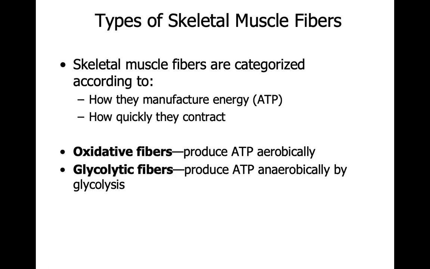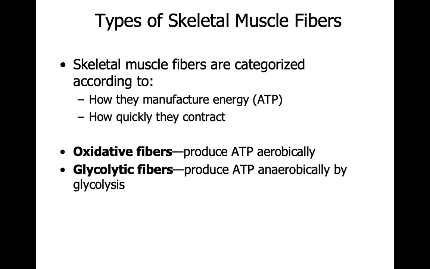Before I move on to discussing that with you, let's make sure we understand that if you are using oxygen, you have to be able to store that oxygen inside your cell, which means we will have myoglobin at a higher concentration.